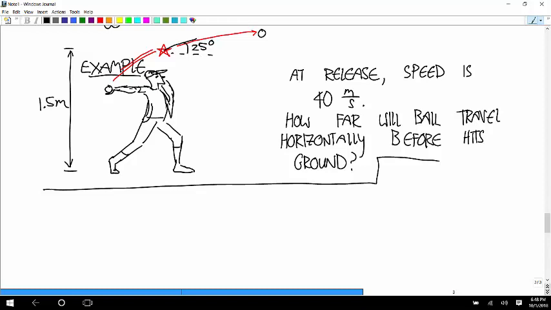Okay, so let's just go through the steps. So the first thing we have to do is choose those. We have to choose a time equals 0 instant, a time final instant, and then a location and orientation of the coordinate system. So I'll call that origin location and coordinate system orientation.